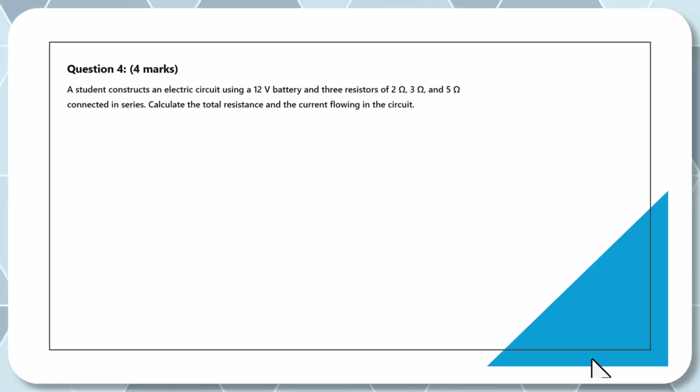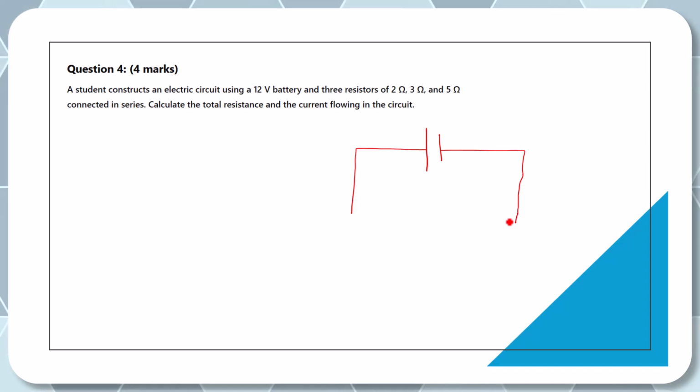Question 4 is on electricity. Okay, so I hope that you've tried question 4. So the first thing with this, you can draw a circuit. I'm going to draw the circuit of a cell, though it should be a battery. I'm going to use a cell just to make things easier and quicker. And then I've got a series circuit, which means there's only one pathway for the 3 resistors.